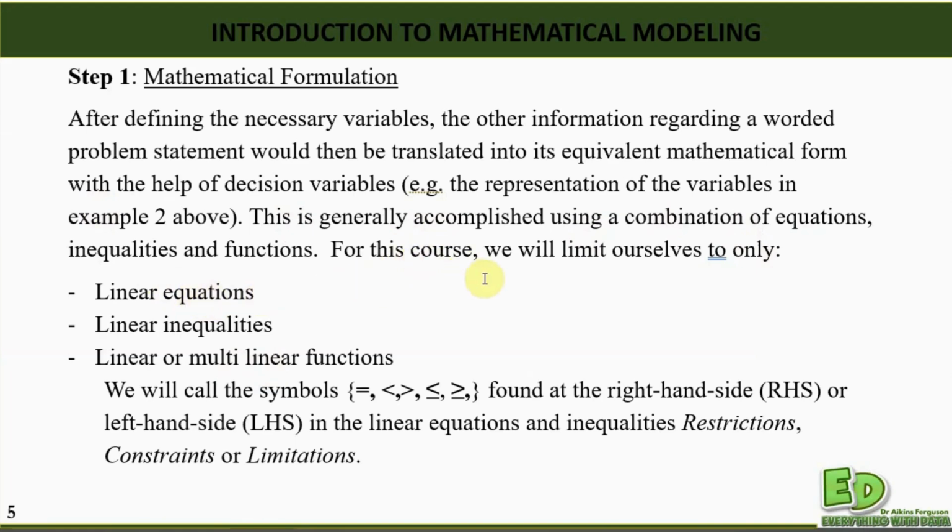For this course, we will limit ourselves to only linear equations. So it could be linear equations representing the right hand side of our constraints, it could be linear inequalities, it could be linear or multilinear functions.